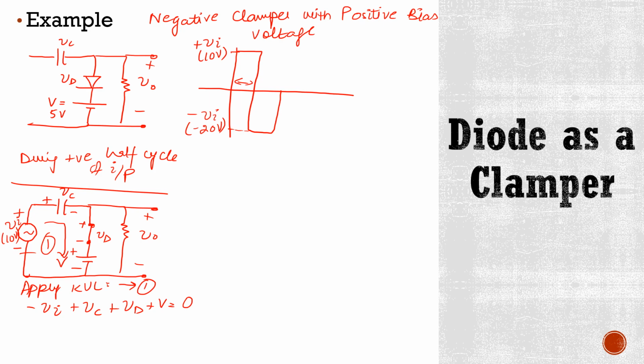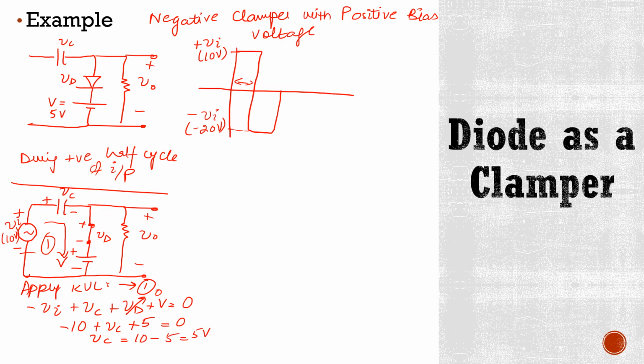And here if we put these values, and we know that diode is ideal, so Vd is 0. Now here minus 10 plus Vc plus 5 is equal to 0. It means Vc is equal to 10 minus 5, which is 5 volts.